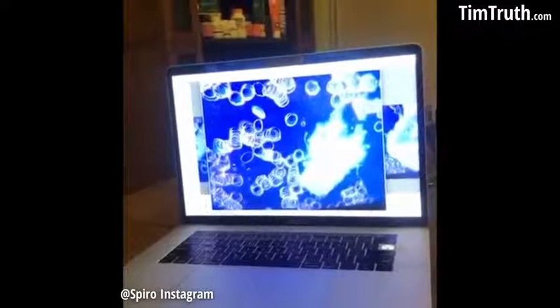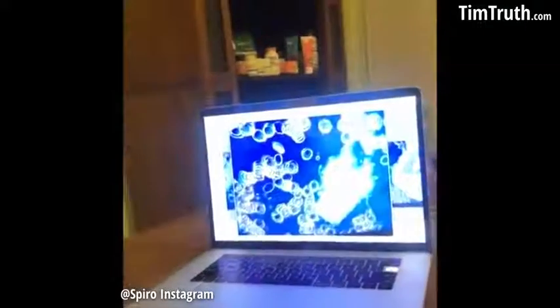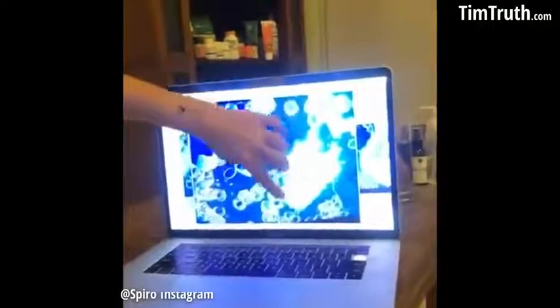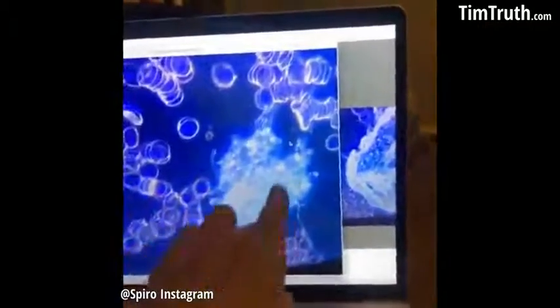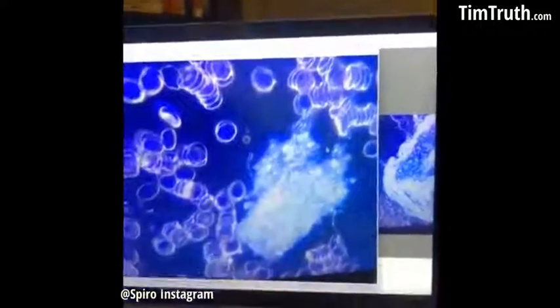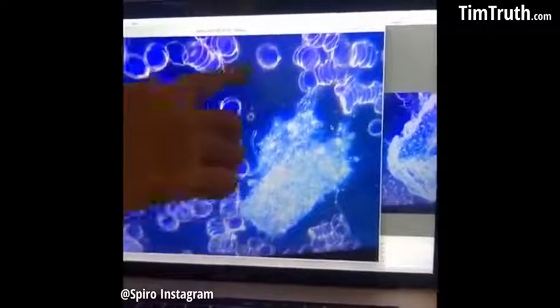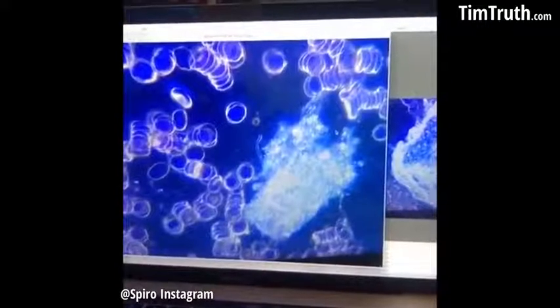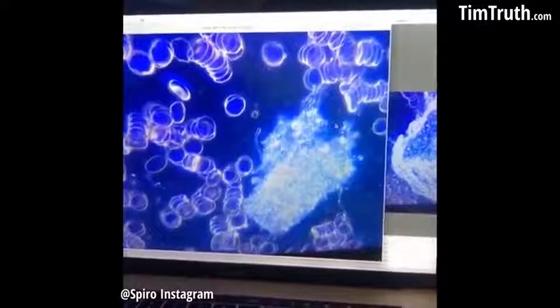This thing here wasn't moving, but this crystallized structure, they were kind of growing, sticking out. Wow.